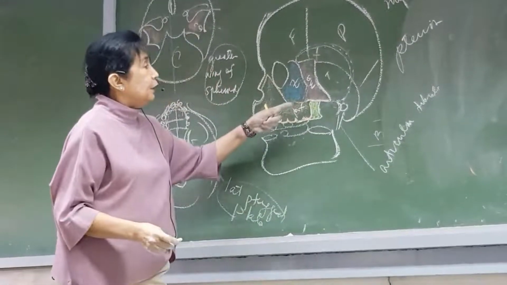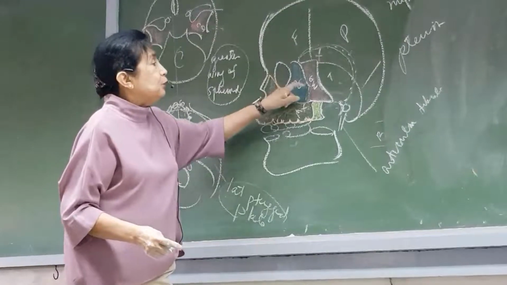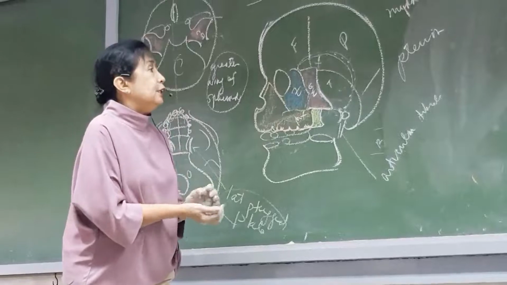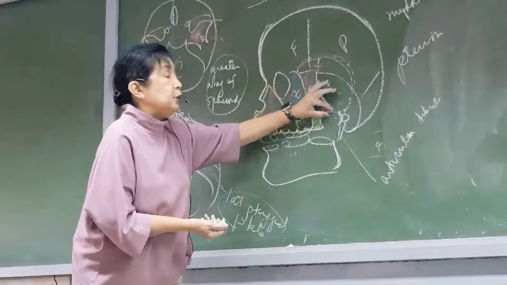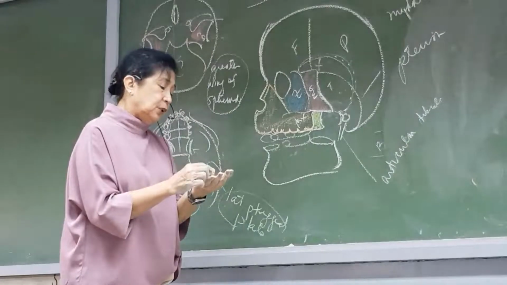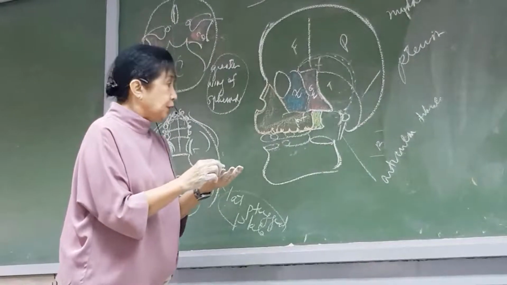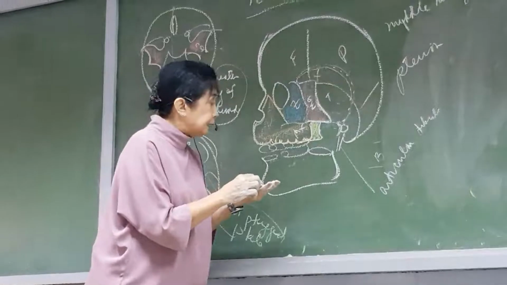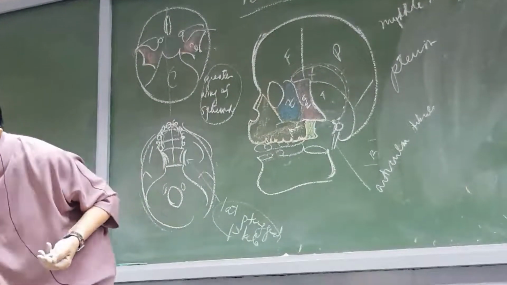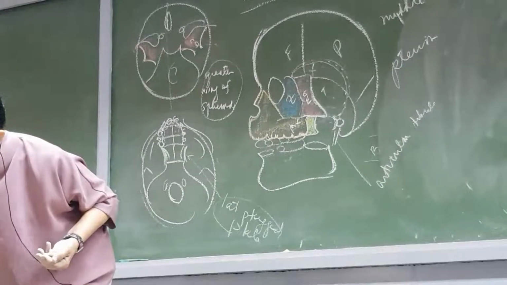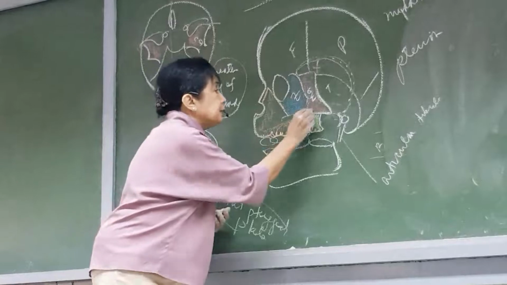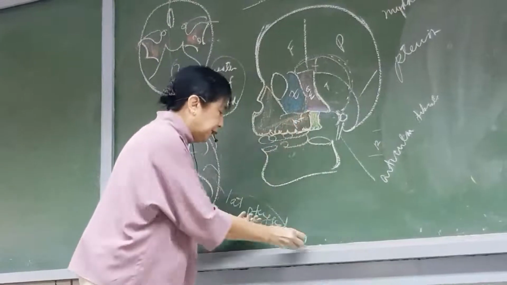If the zygomatic arch is intact externally, the temporal fossa is bounded below by the zygomatic arch. But if you remove that, what is the inferior boundary of the temporal fossa? It is this one, the violet one, which you can't see here.